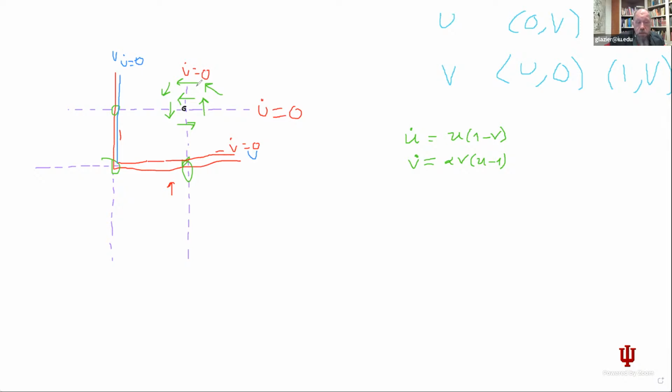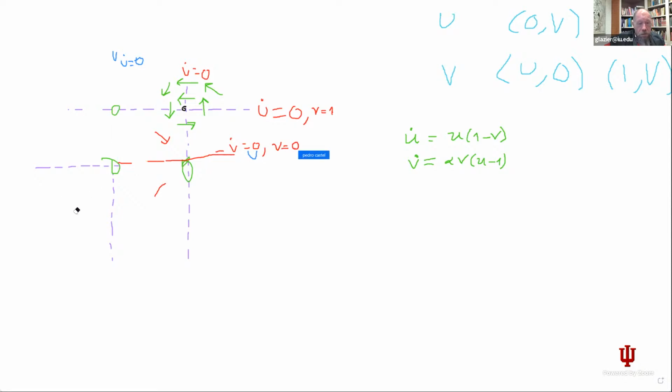Certainly possible that I mislabeled it. Let's see. v dot null-cline, yes. So when we cross this line, we change direction from up to down, which is correct. When we cross this one, we could change direction from up to down, which is correct. In this case, we were going in this direction. So we're going upwards and to the right. So here we would be going downwards and to the right. We'd be going upwards and to the right here.